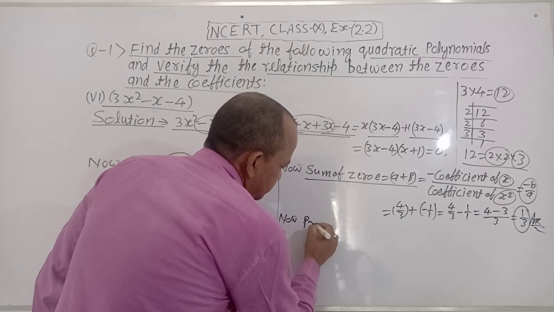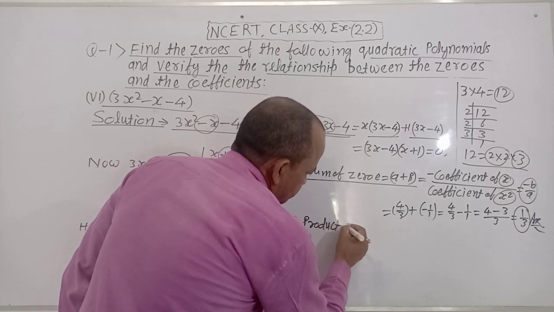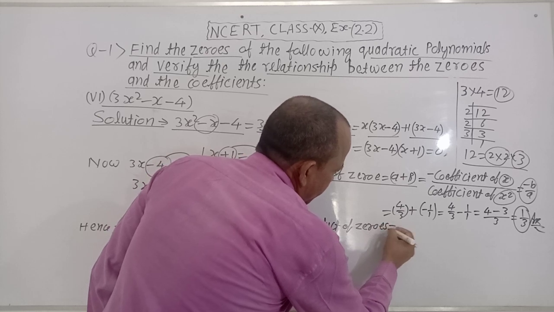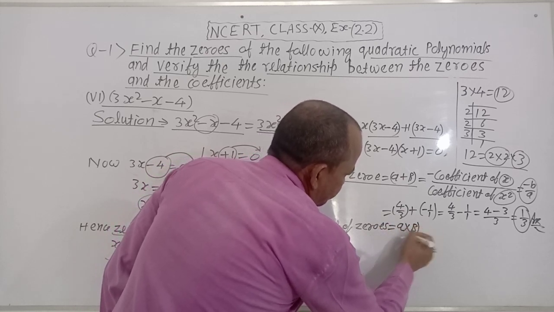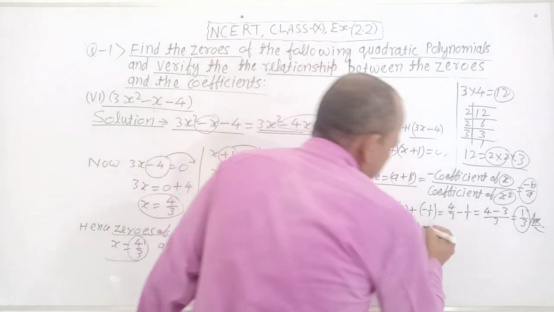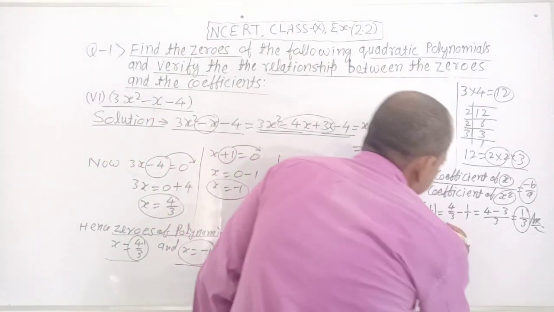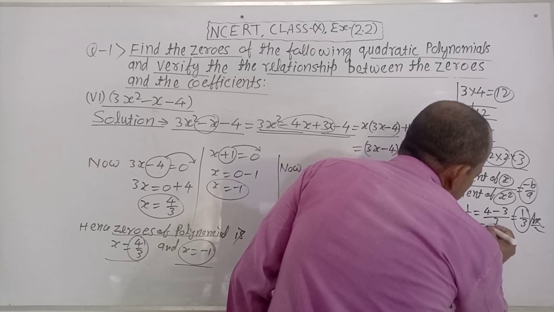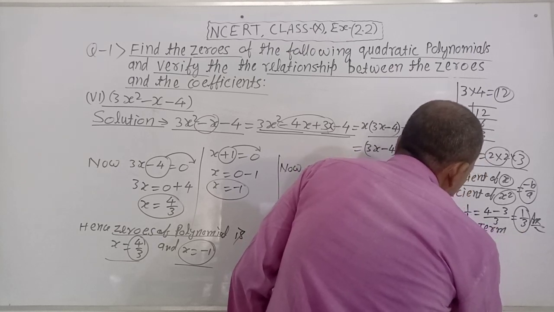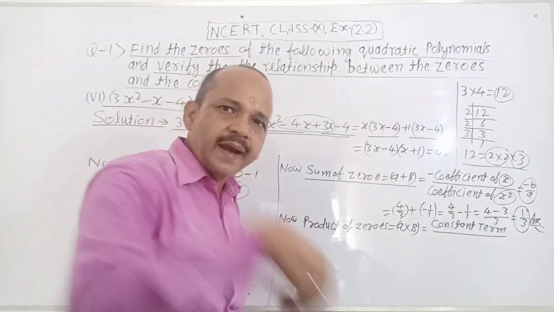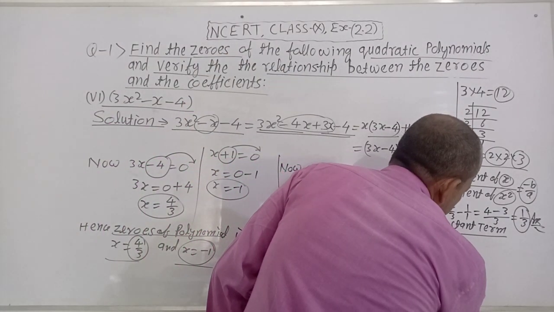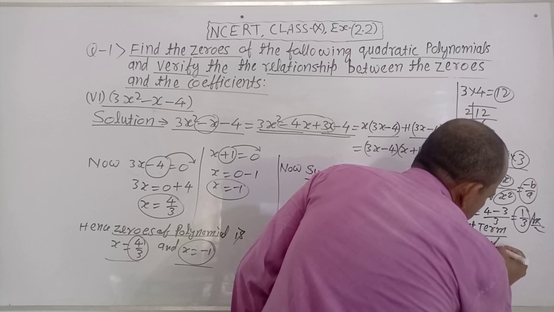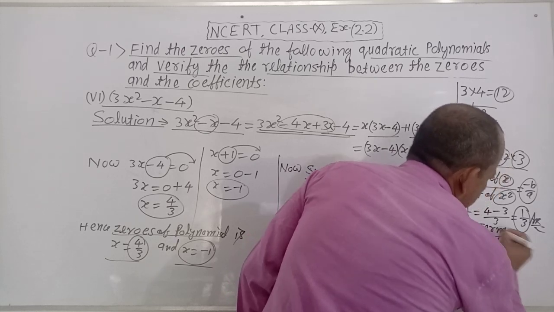Now product of zeros equal to alpha multiply beta equal to constant term upon coefficient of x square.